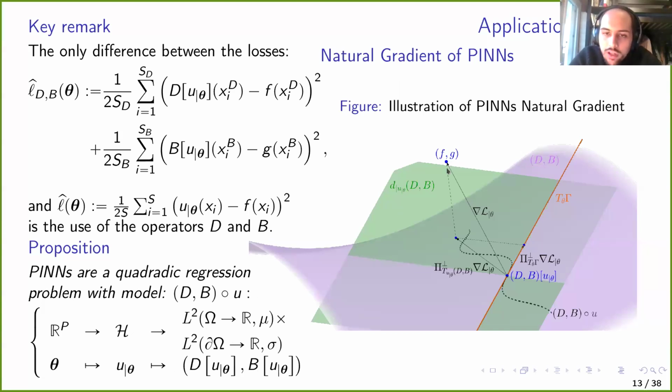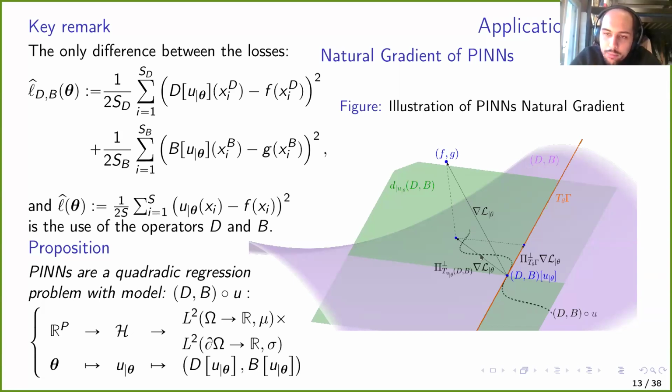So what is the mathematical idea behind it? There is the target here, where F is the source and J is the boundary conditions. If D is not linear, we can also define the tangent space of the manifold defined by the operator, and so we can first project on this tangent space, and then the neural network is represented by this line.